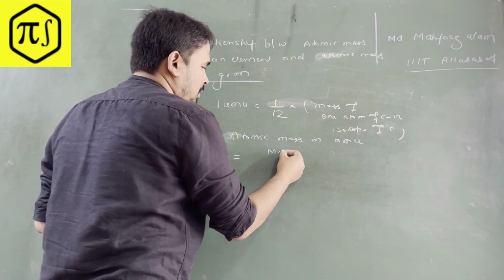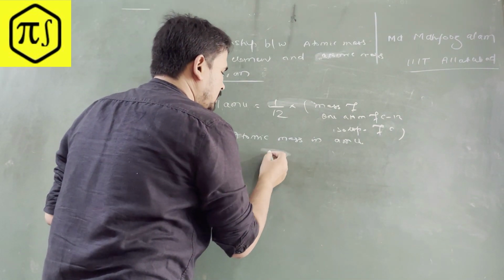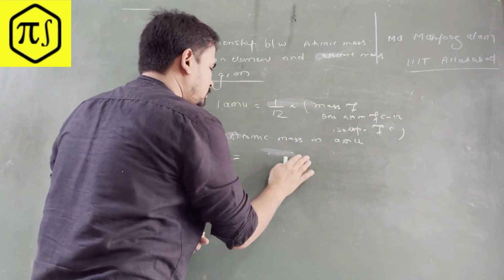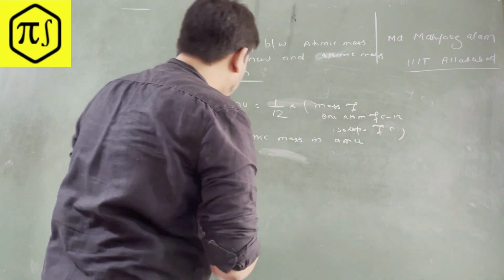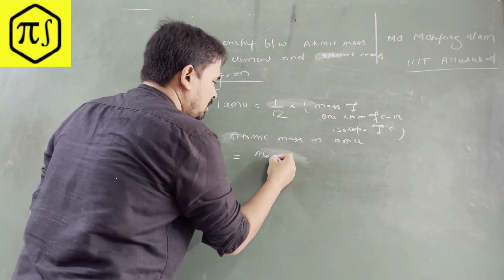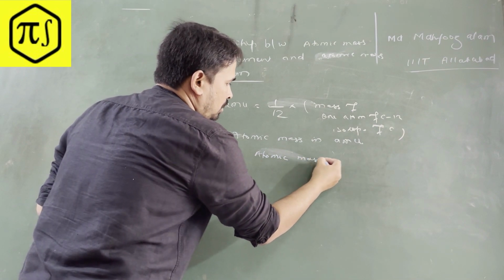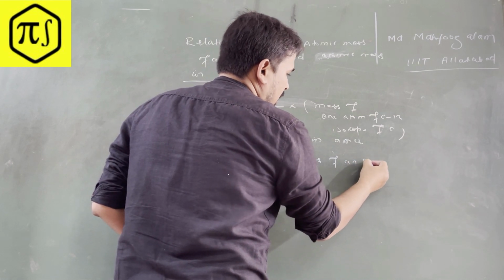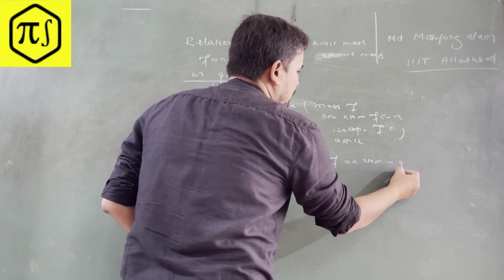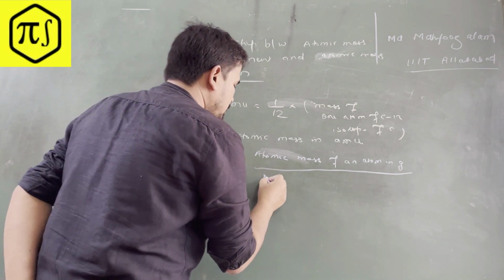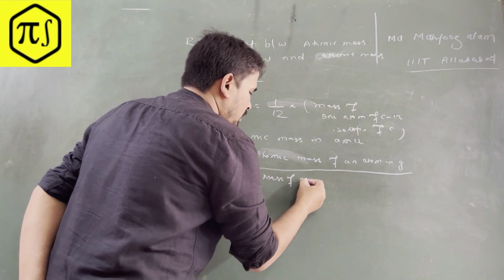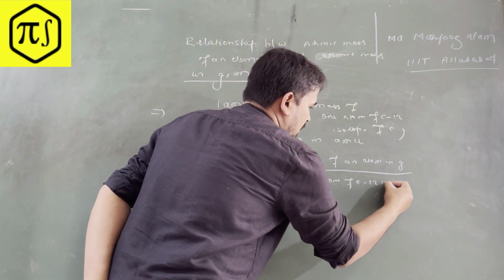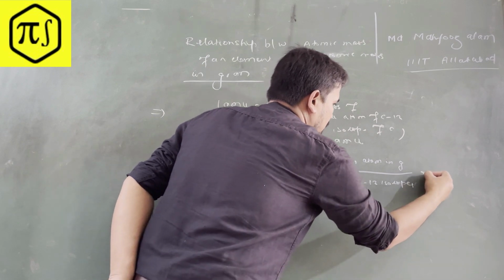So the atomic mass of an atom in gram, divided by the mass of one atom of C12 isotope, into 12.